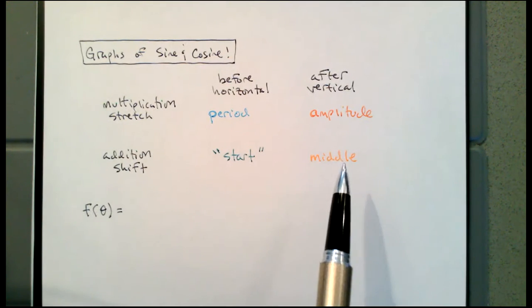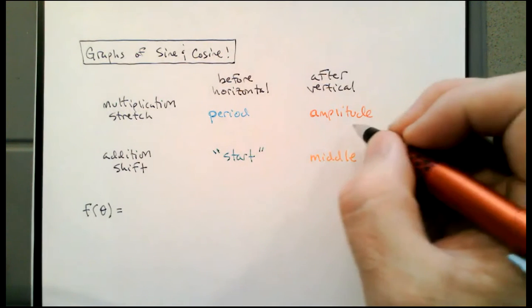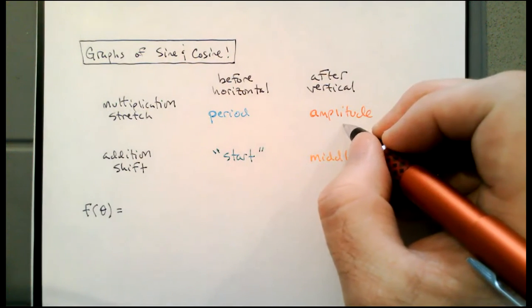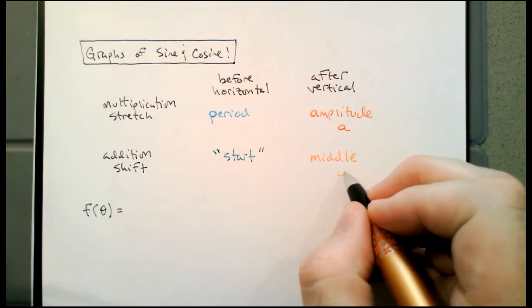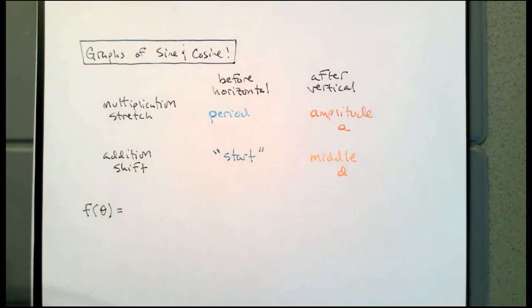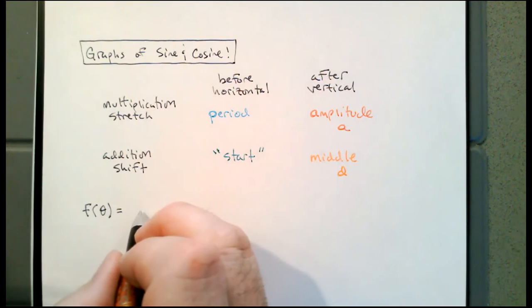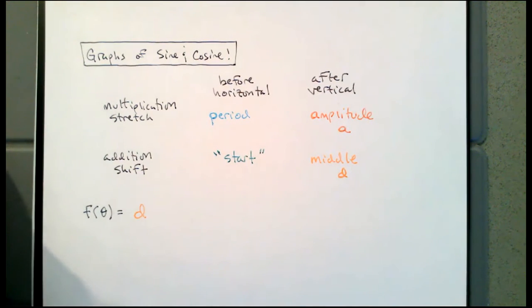I actually like the middle to be listed first. So I gave each of these a name. I called the amplitude A. And I think I was using D for the middle. The nice thing about the vertical stuff is that it just shows up as is. So the middle is D. If there's a constant term, that's going to be the middle.